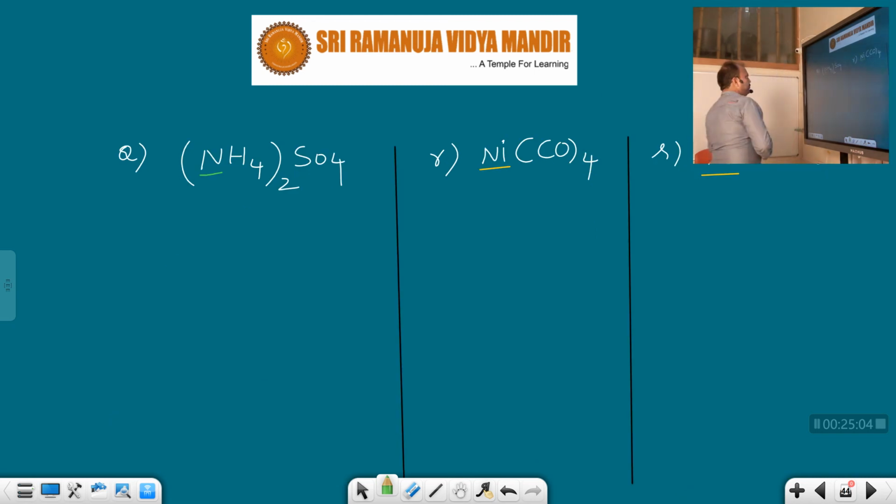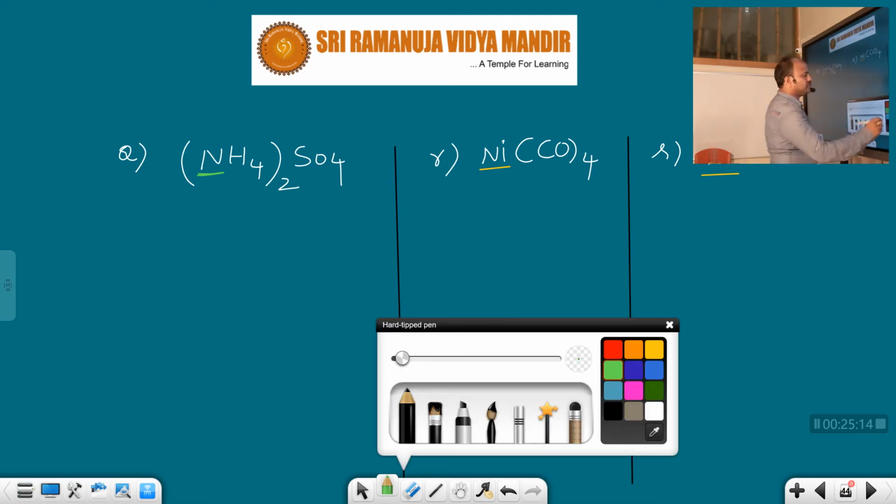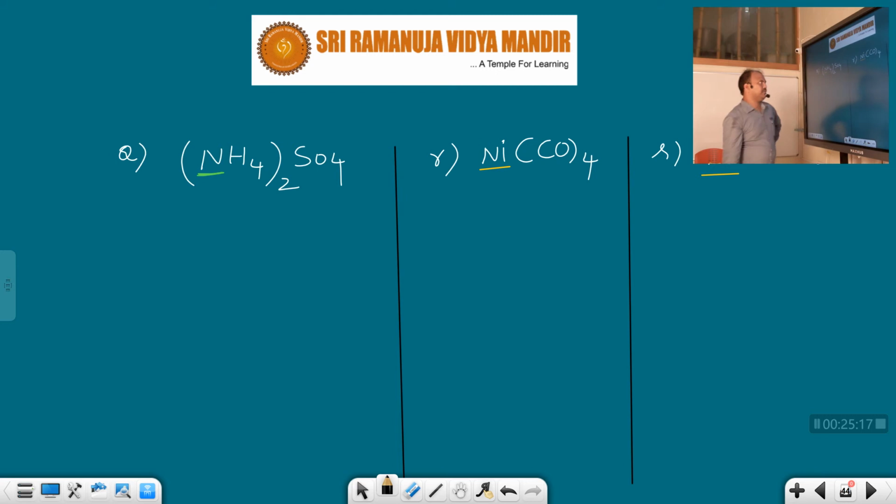Next one, ammonium sulfate will be given. In this ammonium sulfate, we have to find the oxidation number of nitrogen. How will it be split? It will be split up into 2 ammonium ions and 1 sulfate ion.